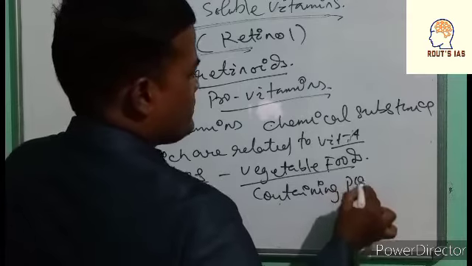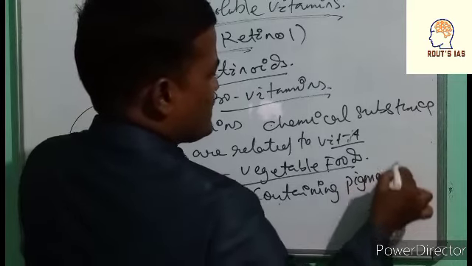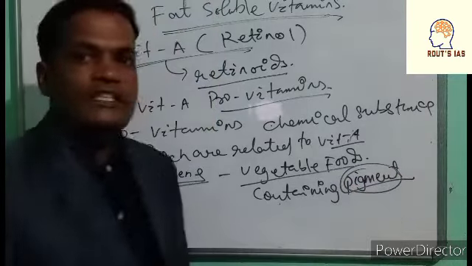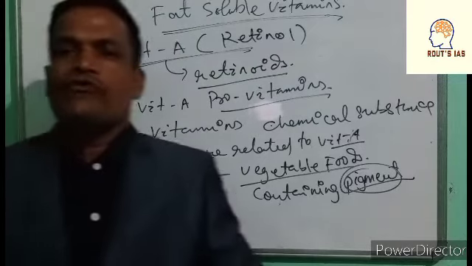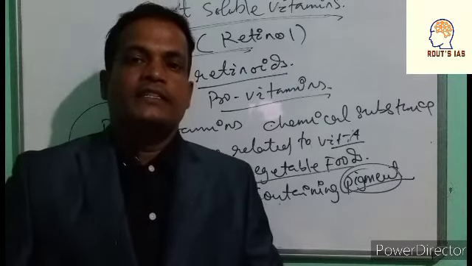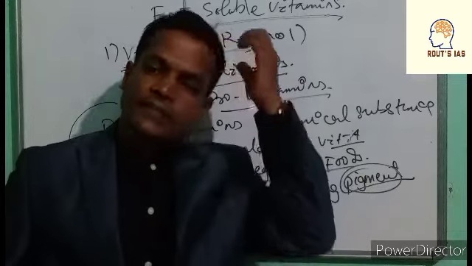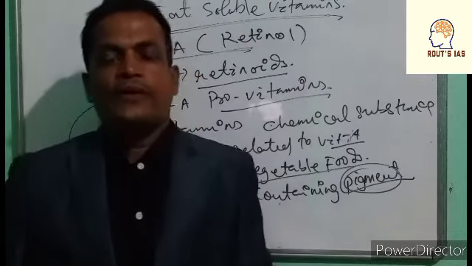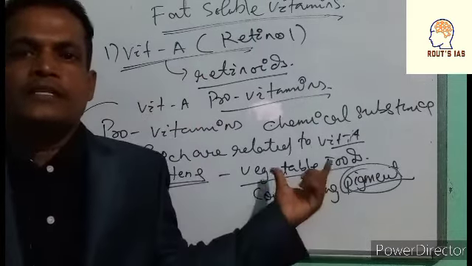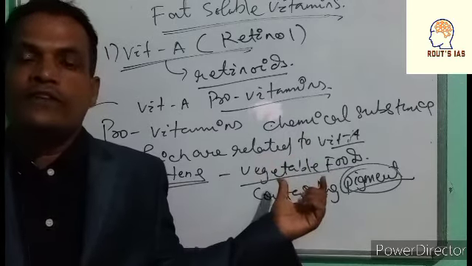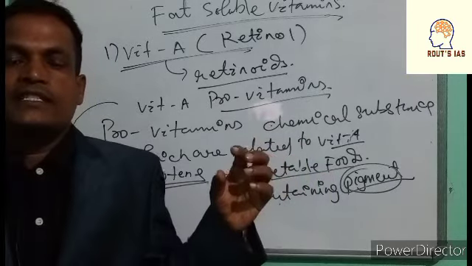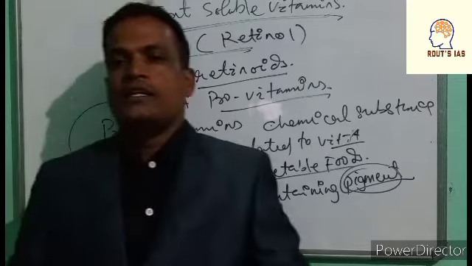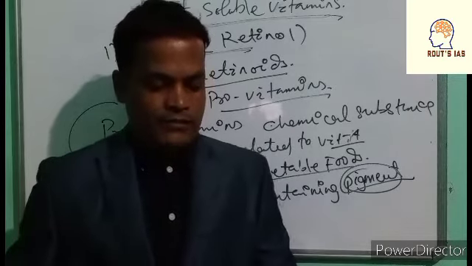Yellow pigment means color particles. So those fruits or vegetables which contain yellow pigments are plentifully available sources of vitamin A, that is the fruits and vegetables having yellow color.